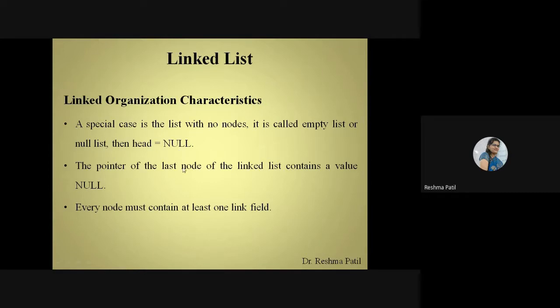The pointer of the last node of the linked list contains the value null, so this shows that this is the last node of your linked list. Each node must contain at least one link field because we have to show the link to the next node.